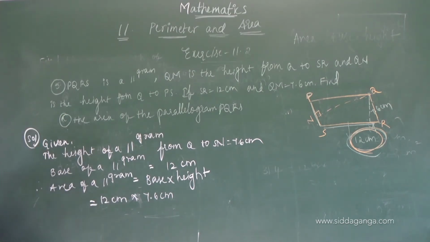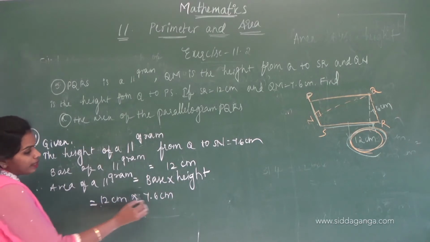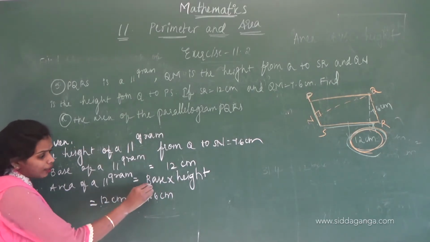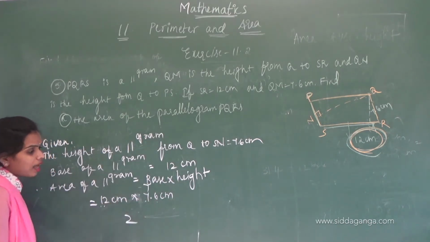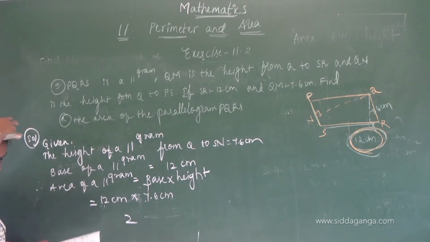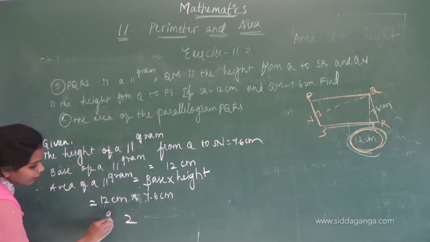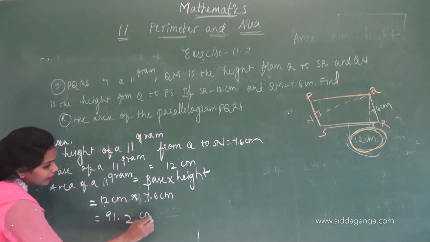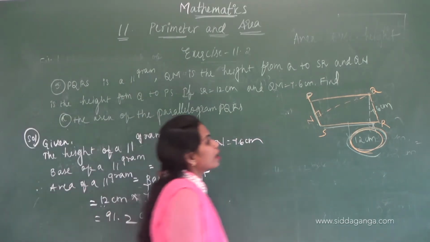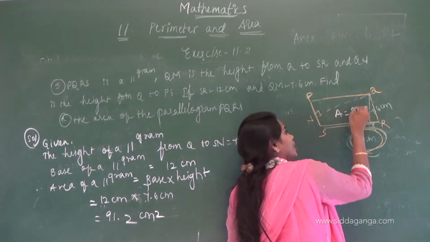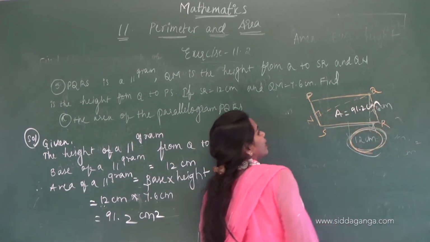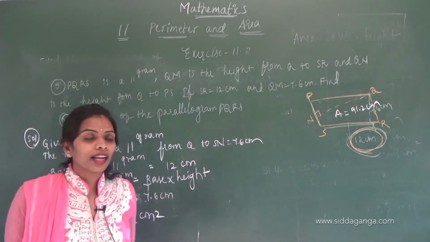If you take the multiplication between these two, 12 sixes are 72, 12 sevens are 84, 84 plus 7, 91.2 centimeters square. Therefore, the area of the parallelogram is 91.2 centimeters square. Correct?